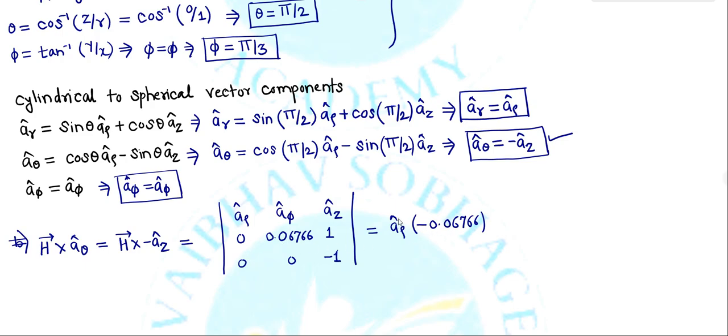So we are left with this component only. The cross product between your given vector h and a theta will be minus 0.06766 a rho. So this is our answer for part B of the numerical.